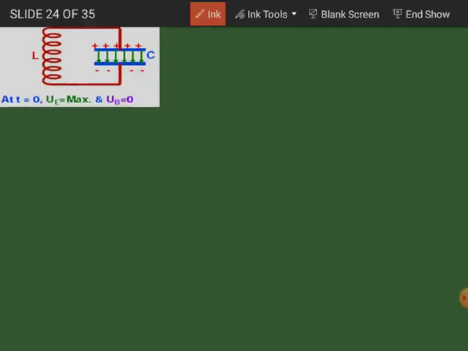Suppose the inductor is here, and the capacitor is connected parallel to this inductor in this way, and to the source of EMF it will be connected from here.